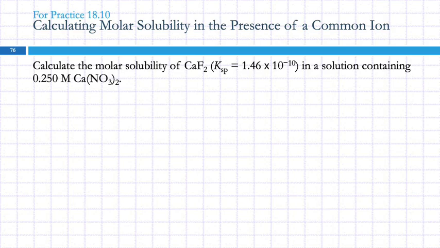So let's calculate that. Calculate the molar solubility of calcium fluoride in a solution containing 0.250 molar calcium nitrate. So we'll write the equation for calcium fluoride dissolving. We get calcium ion and 2 fluoride ions, right?